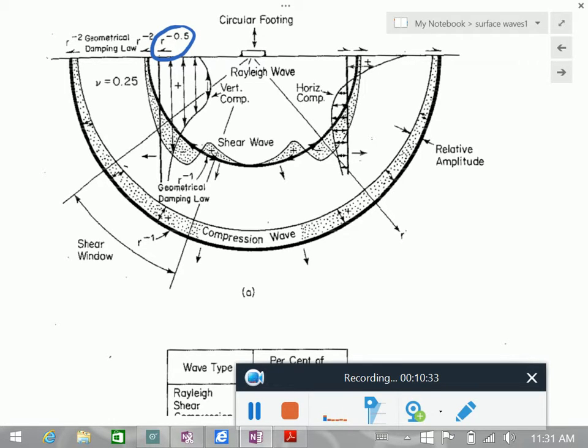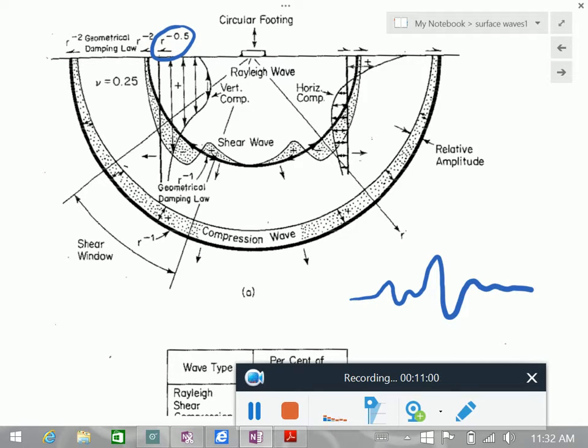So let's say, what exactly does it mean? Does it mean that if I have some sort of a trace like that, how do you think we would recognize Rayleigh wave here? I measure a trace like that on the surface.